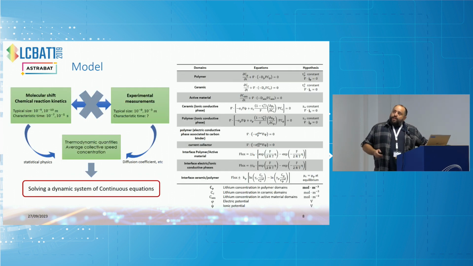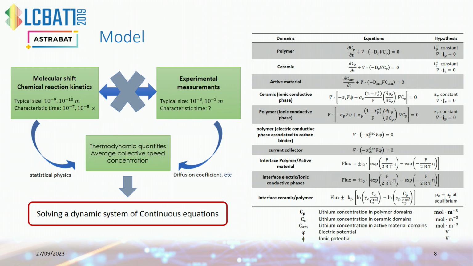The idea of the model is a classic idea. We have a mechanical behavior at a very low scale, and the experiments that we use are electrochemical, so you need a very large time scale and space scale. And it's very hard to link the two domains.